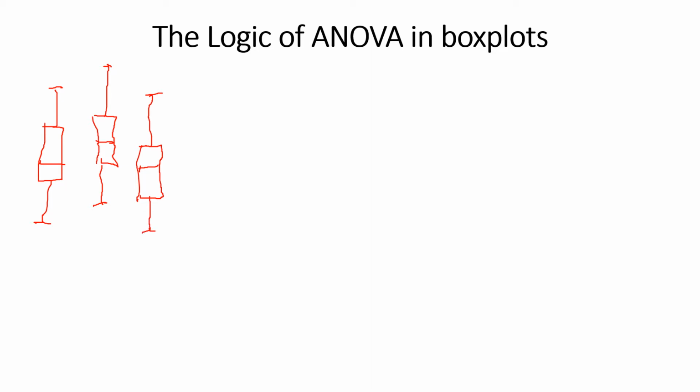So these are three box plots that could conceivably represent three different samples that were all drawn from the same population. So their middles are relatively close, and their dispersions, or their variances, so range, if you will, are actually all about the same as well, right?